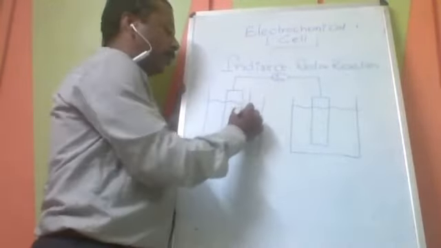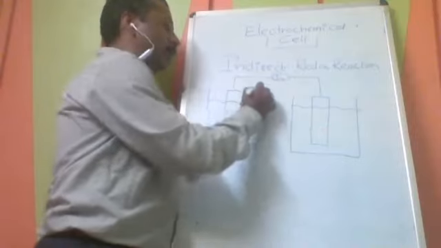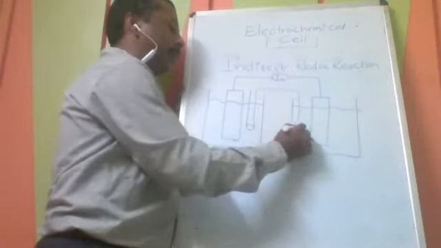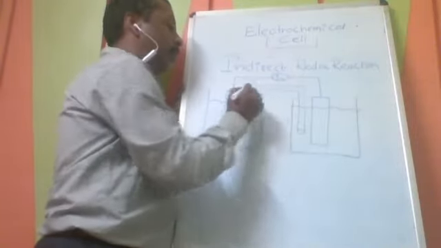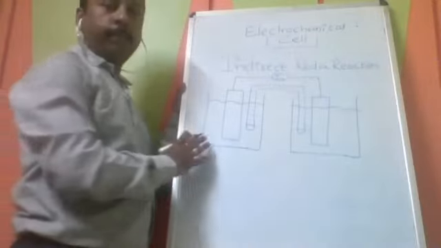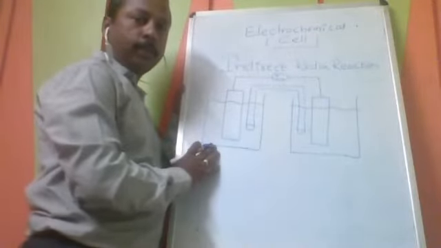Okay, so this is the minimum arrangement required. Now this complete diagram is called an electrochemical cell.